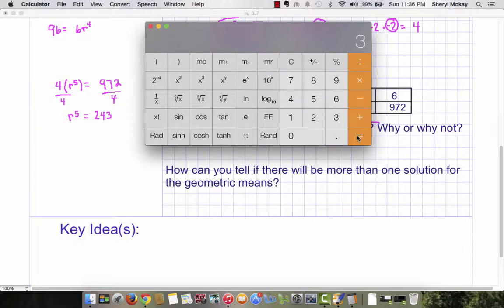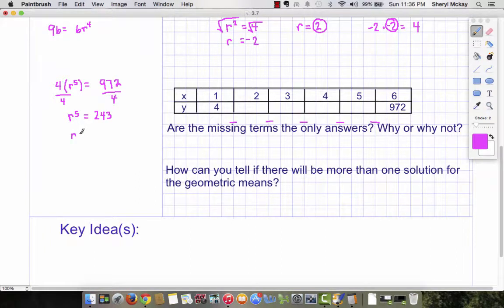So it says that r must be 3. So that means my constant ratio is 3. So I'm going to write 3 here. So 4 times 3 is 12, and 12 times 3 is 36. 36 times 3 is 108, I believe. 3 times 6 is 18, carry the 1. 3 times 3 is 9, plus 1 is 10.